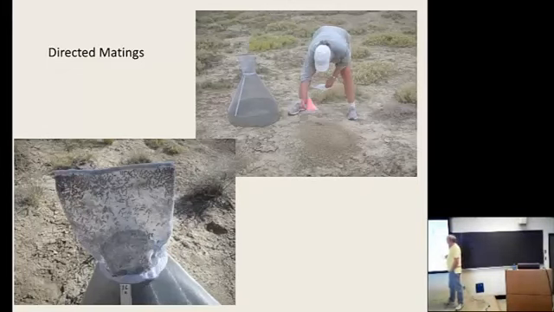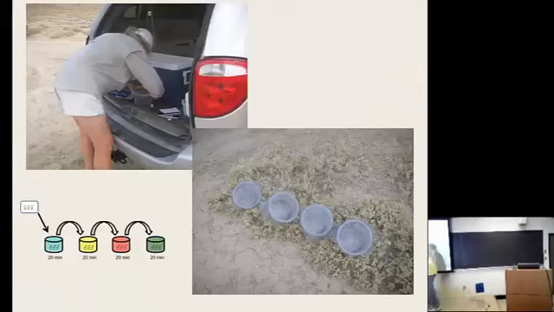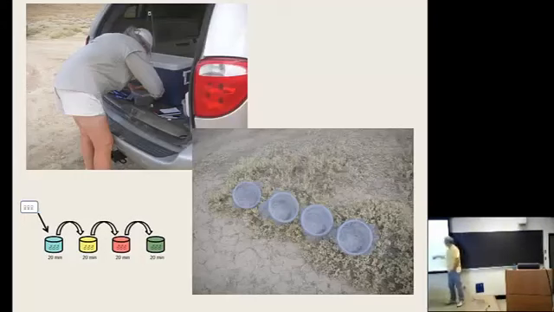We use directed matings. Okay, we water colonies. The queens come out first, so you can collect queens from a known colony. And once you've got enough queens, you put the cone on, you get males. Then in our mobile laboratory, we successively expose queens from a particular source colony, which are matrilines, to males from different colonies.